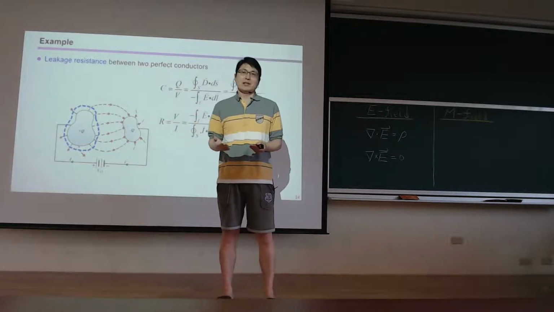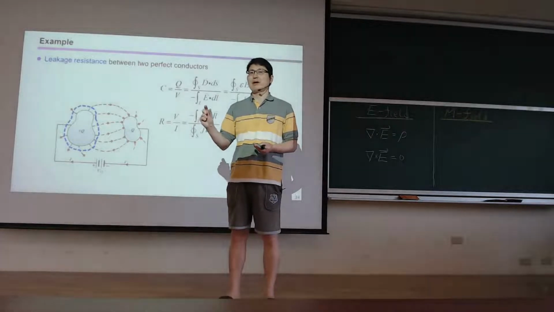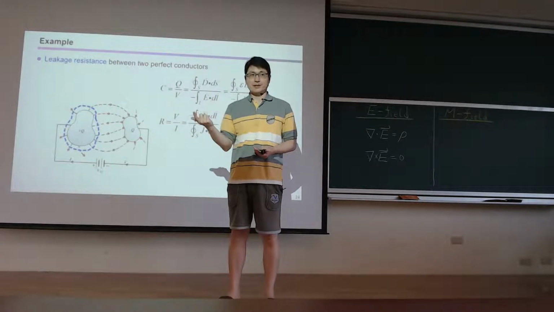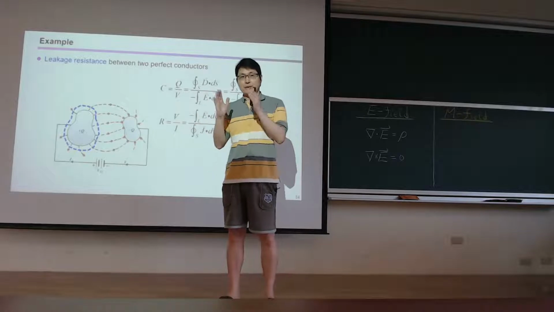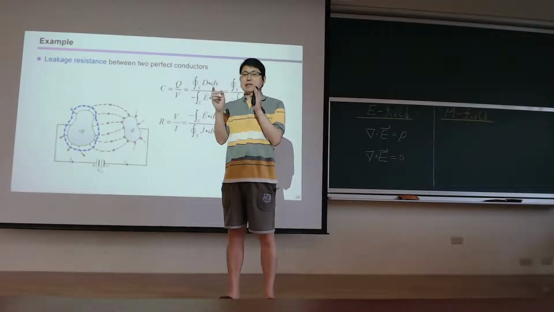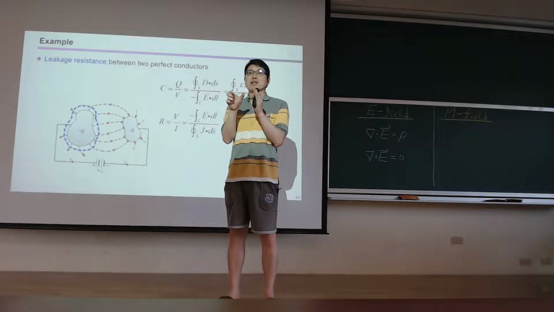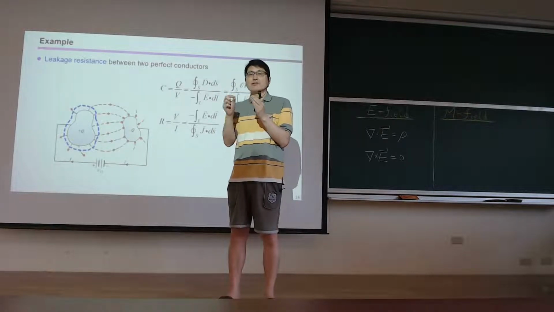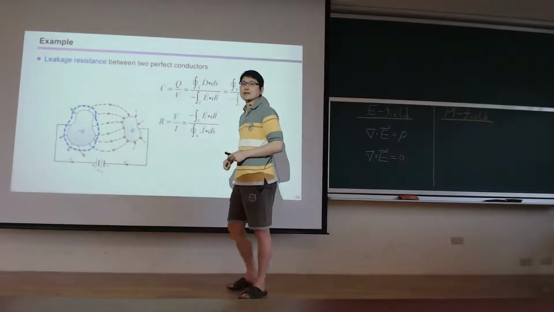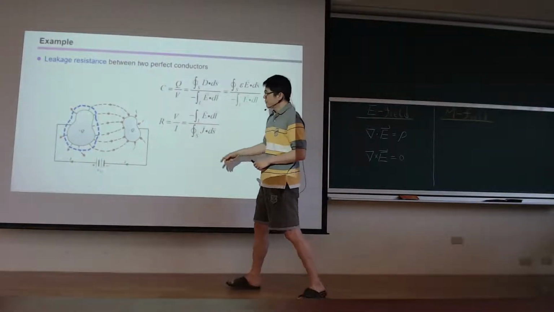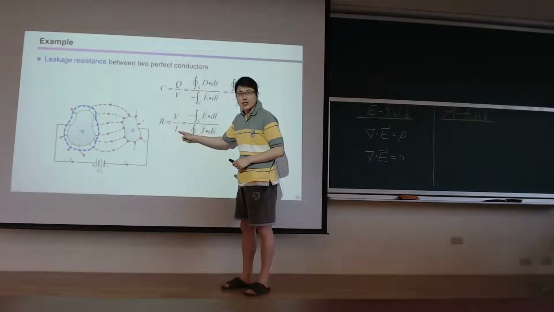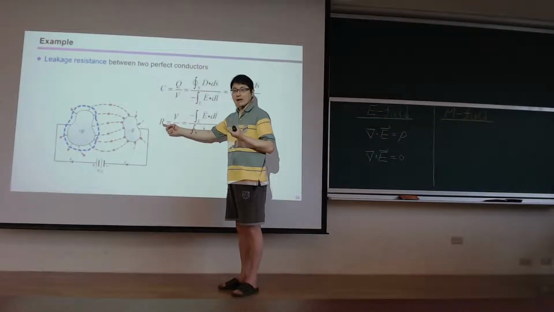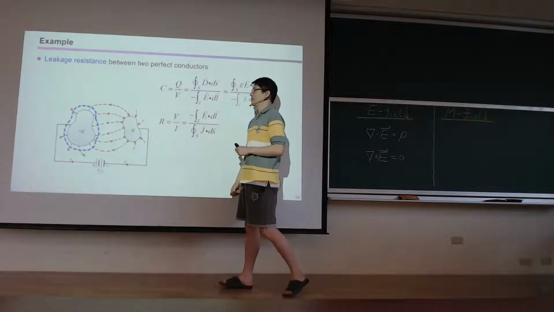But in reality, you might be using a material that is slightly conductive to serve as your filler or displacer, right? You have to fix the two conductors in space. And that filling material might be slightly conductive, although it is a dielectric, so you have a small amount of current flowing across the two conductors. Therefore, you have some kind of leakage current, right? So once you have the leakage current, you have leakage resistance, right?